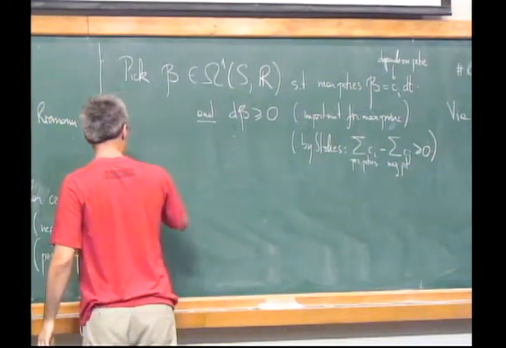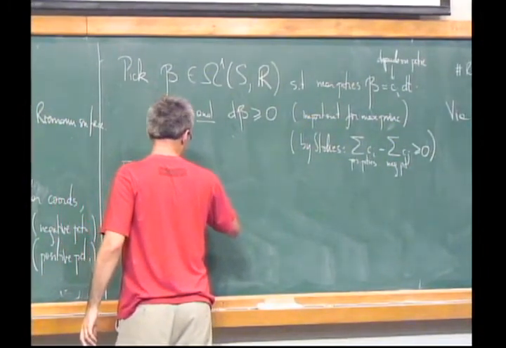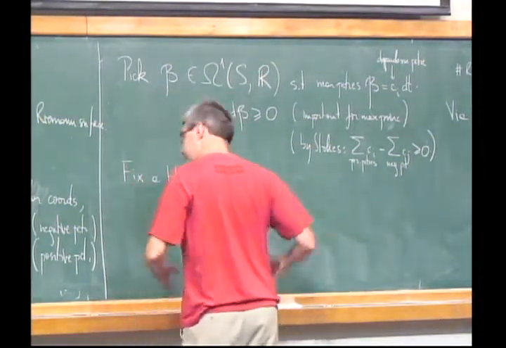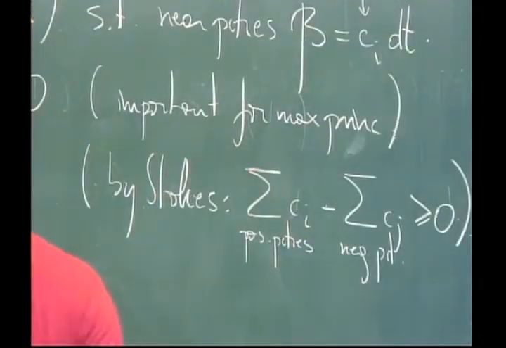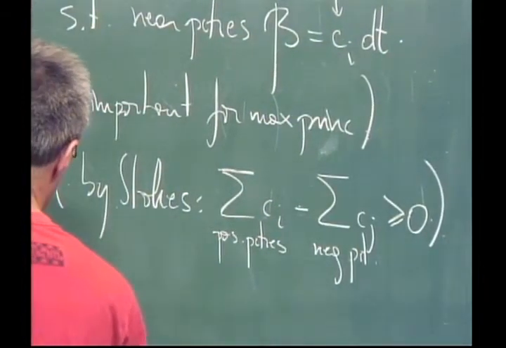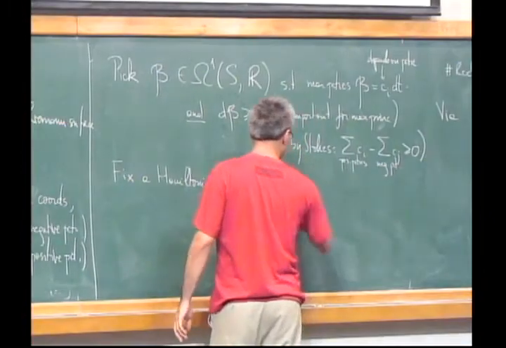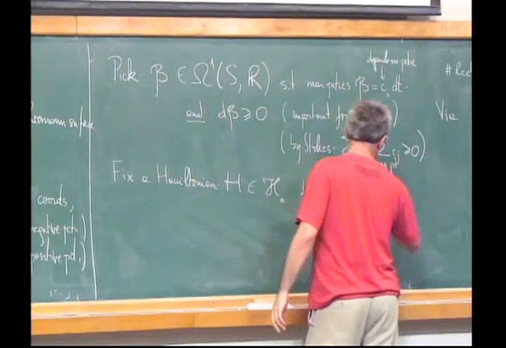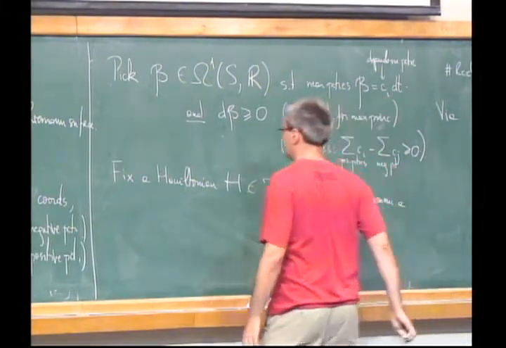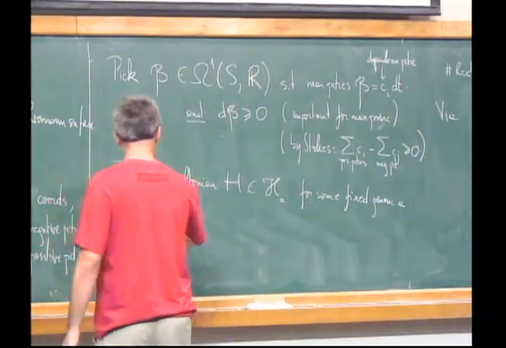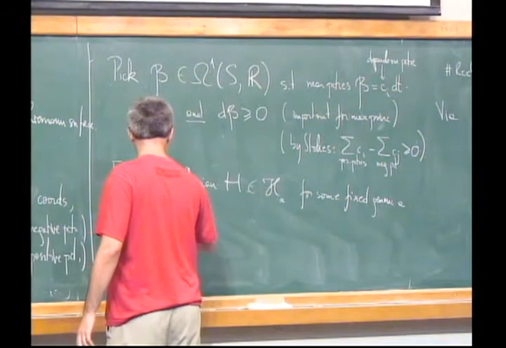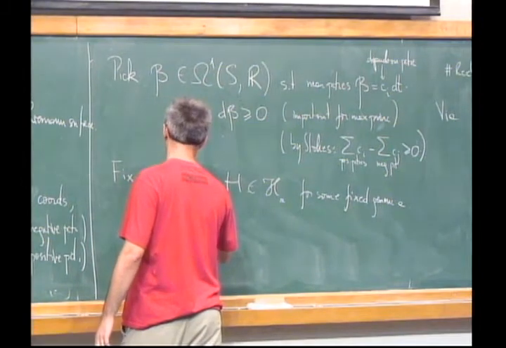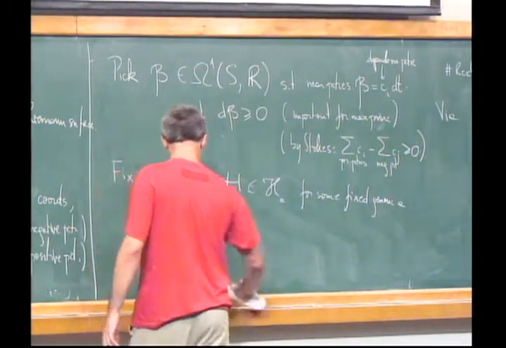So now fix a Hamiltonian H. Fix a Hamiltonian, say in H_A for some fixed generic A. Yeah? And then consider M. Of course, there's the J in the background.